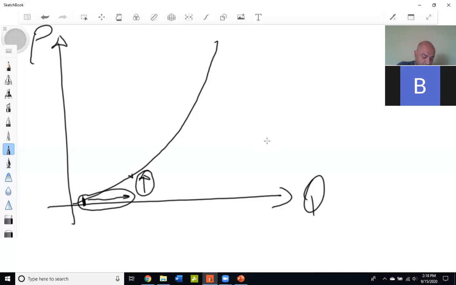But as you keep producing and growing the economy, when you reach this point and you want to move further to this point, you're already a developed country. To move from this point to this point, you have to suffer a huge cost. Because we're already developed, there's nothing more we could build without hurting the environment real bad.